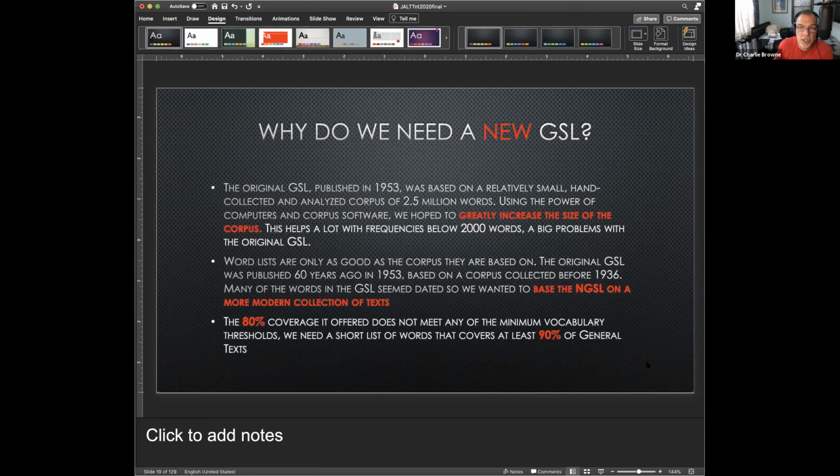And because English changes over time, the words we use change over time, that needed to be addressed as well. So we needed to make a more modern corpus. And again, the 80% coverage that the old GSL provided was not enough. We wanted to get our students to at least 90%, to that level where they could read independently. So those were the three targets.